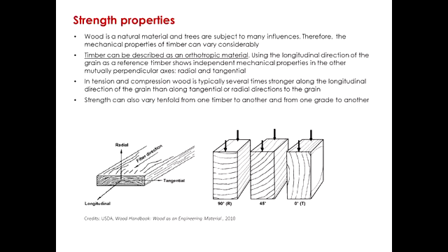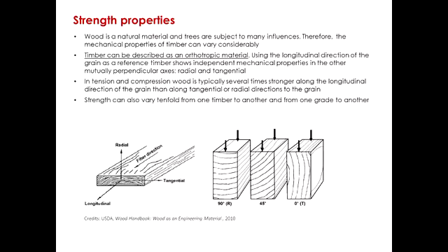And here you see what I mean. If we consider a timber board or timber plank, and we draw the three axes, the longitudinal axis is of course that one, the axis that can carry most of the loads. And not too much strength in this direction, and not too much strength in the radial direction.